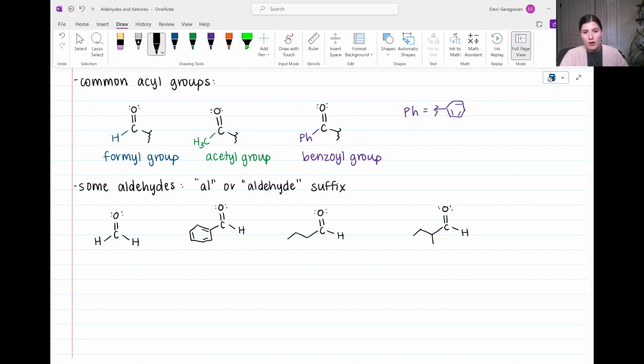All right, we have our 4 aldehydes drawn. Remember, aldehydes are when we have a carbonyl with the carbon bonded to a hydrogen. So we see that each of these have the carbonyl carbon bonded to at least 1 hydrogen. So these are all aldehydes.